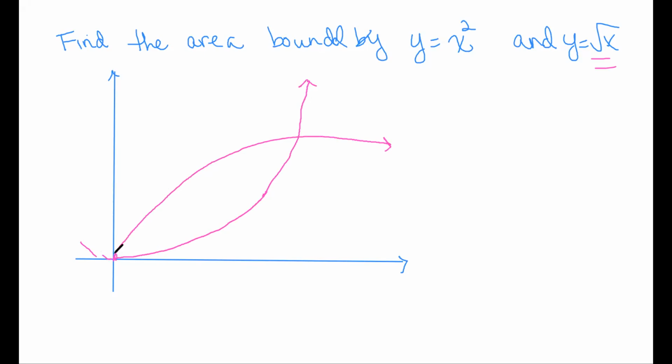I notice that they do cross here. If I did this on a Desmos calculator or a graphing calculator, they would cross right here at x equals 1. So my x's are from 0 to 1. So to find this, I'm going to remember what I said.